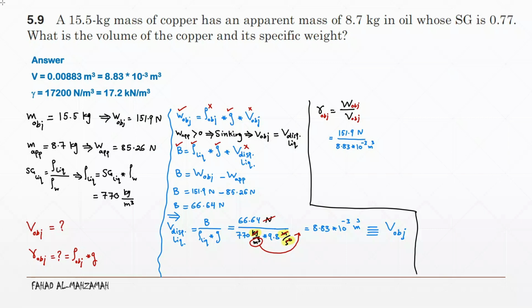As you can see here, you have Newton per cubic meter, so the unit must be Newton per cubic meter, and the answer is simply 17,200.44 Newton per cubic meter, or in other words, you can represent it as 17.2 kilonewton per cubic meter.